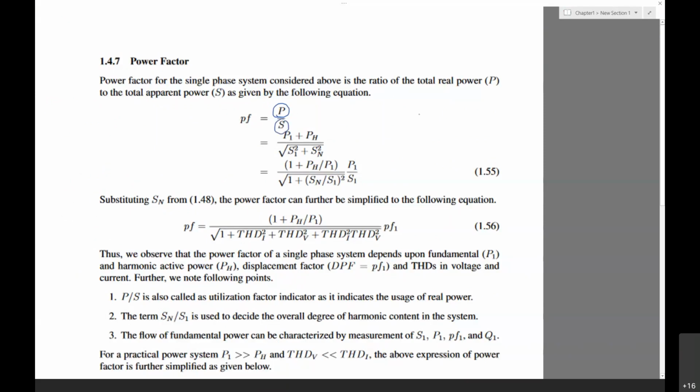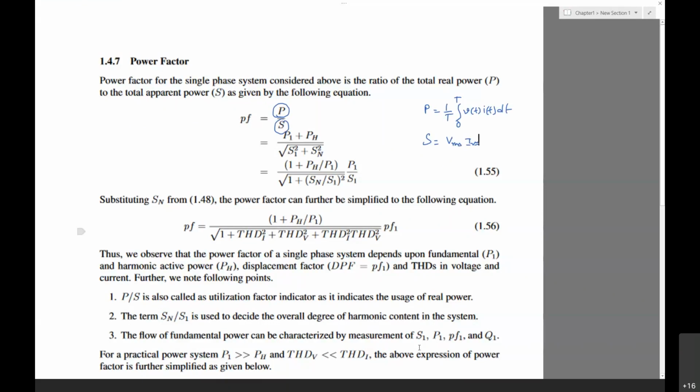Yes, P is 1 by T integral from 0 to T of v of t into i of t dt, whereas S is VRMS into IRMS.